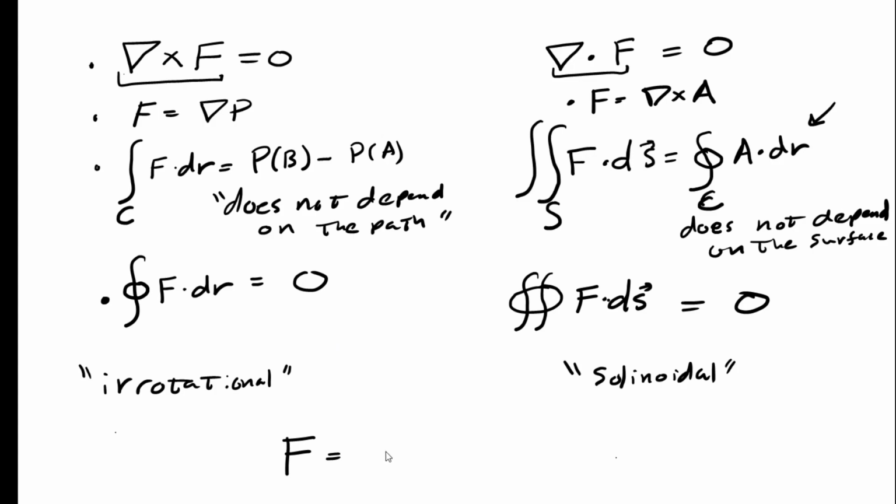So it is equal to the gradient of something plus the curl of something else. Every vector field you can write this way, no matter what. That's not going to come up for us at all.